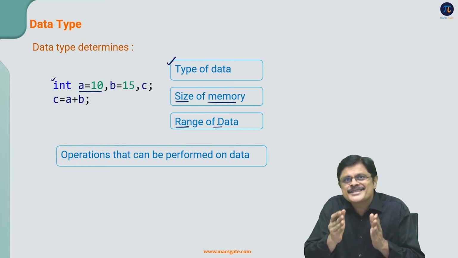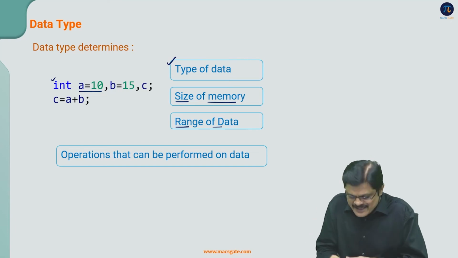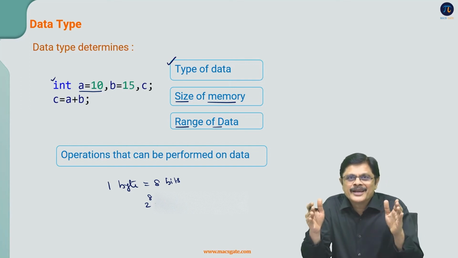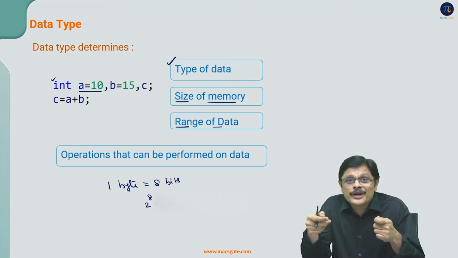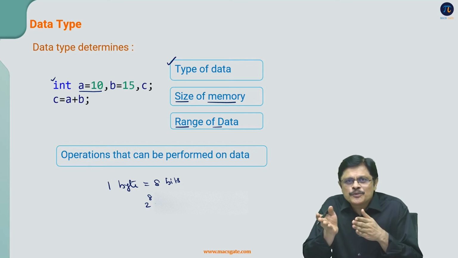Once you know the size, you know the range. For example, size 1 byte means 8 bits of memory. 8 bits means 2 power 8, that is 256 numbers can be stored. So if you go from 0 to positive, then 0 to 255 numbers can be stored.